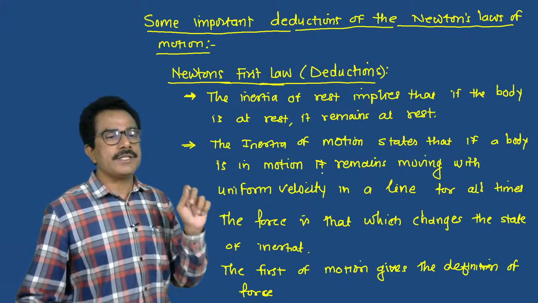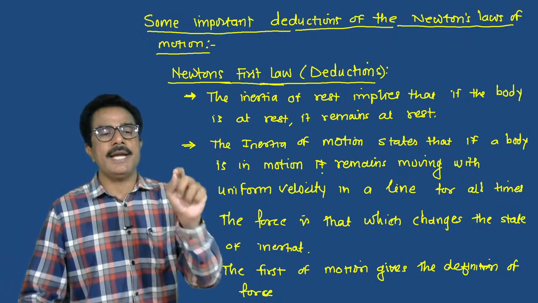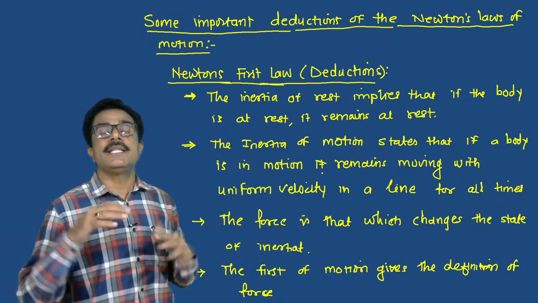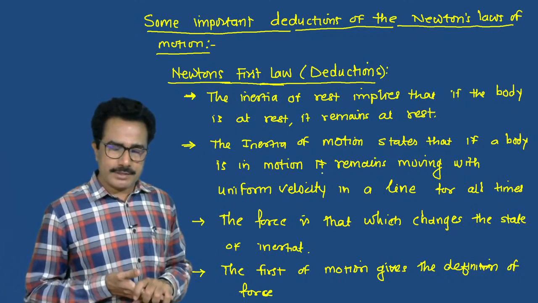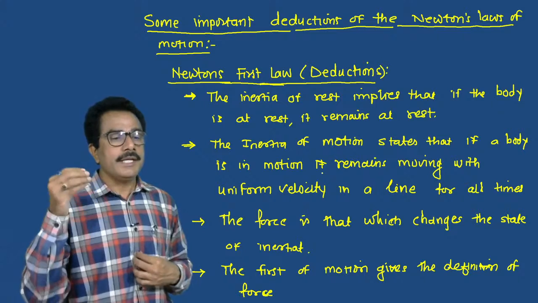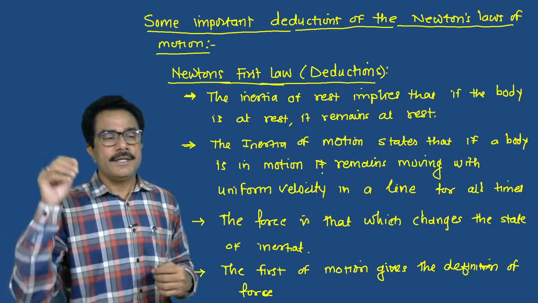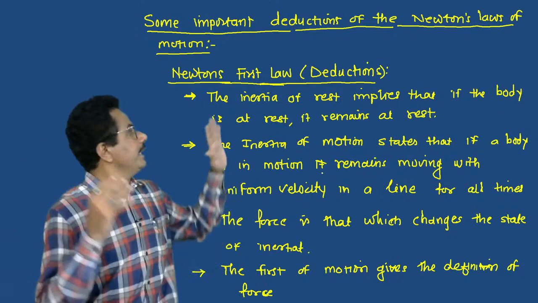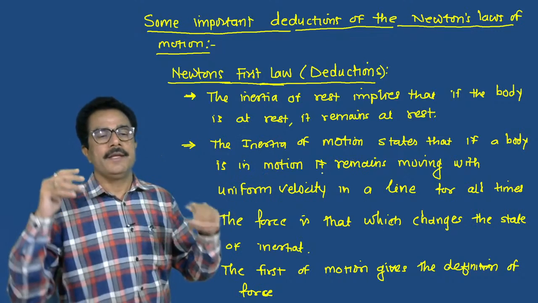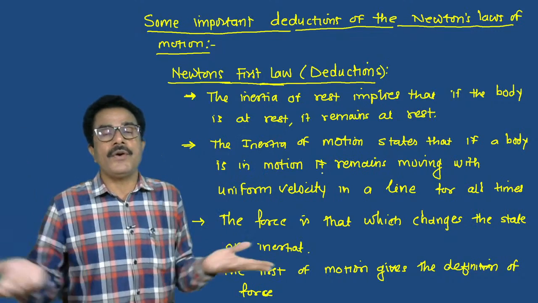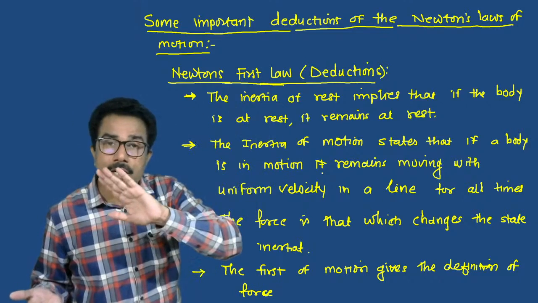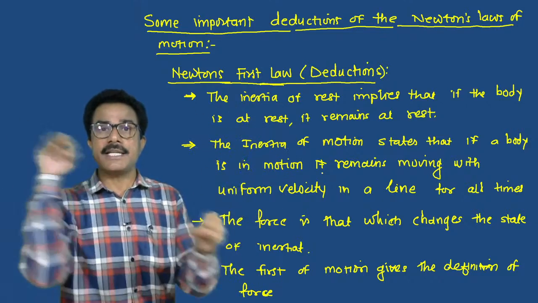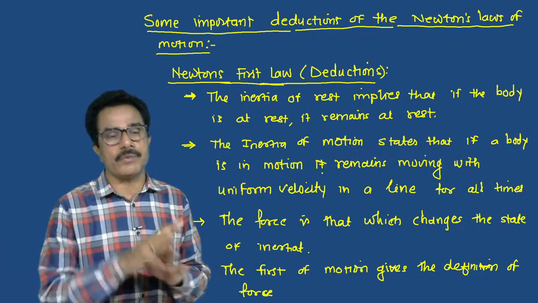Now, these are the 5 main deductions of Newton's first law of motion. The inertia of rest implies that if the body is at rest, then it remains at rest. Second, the inertia of motion states that if a body is in motion, then it remains moving with uniform velocity in a line for all times, until external force is exerted on it.